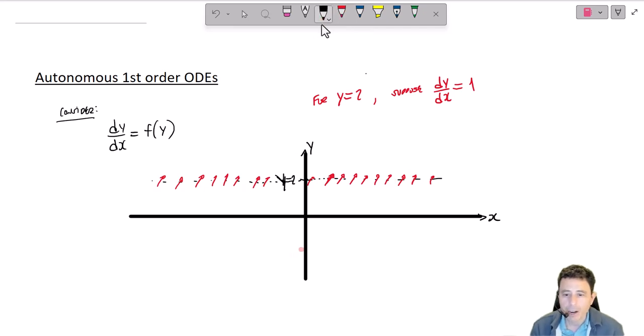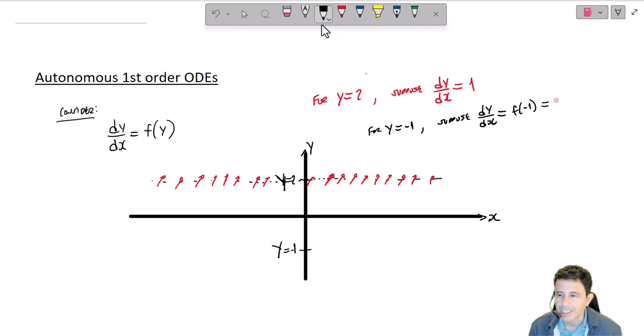If I pick a different y, perhaps y equals -1, again, I don't know what the derivative is. If I plug y equals -1 here, I don't know what it is. But suppose for y equals -1, when you plug in y equals -1 there, suppose it's -1.